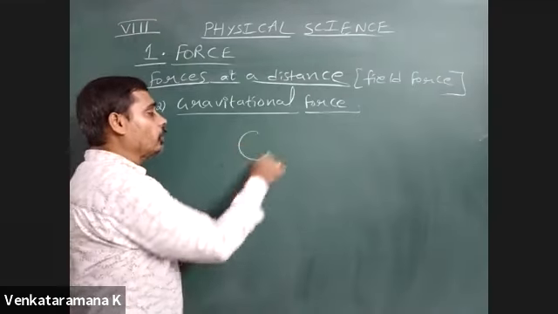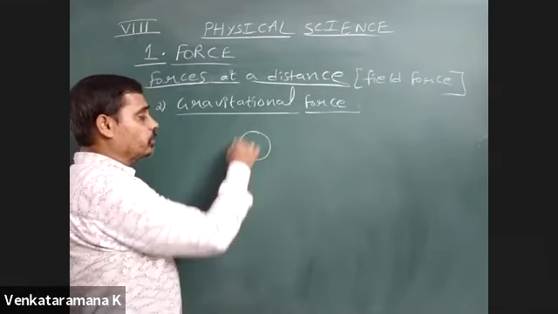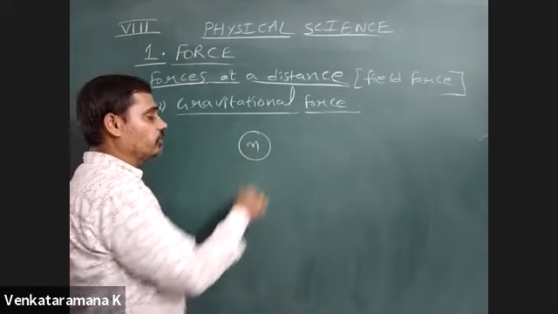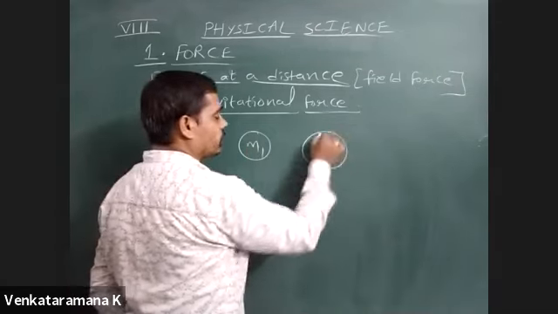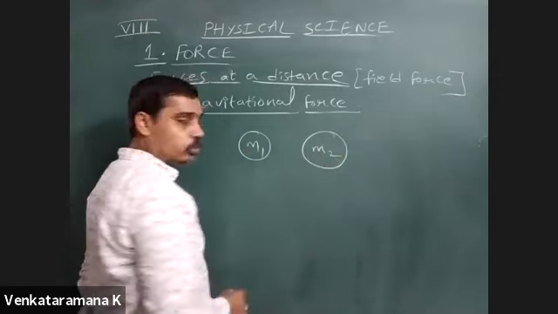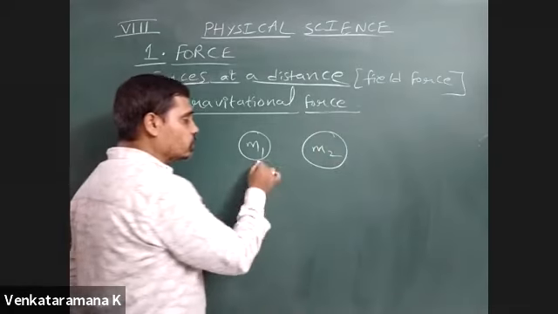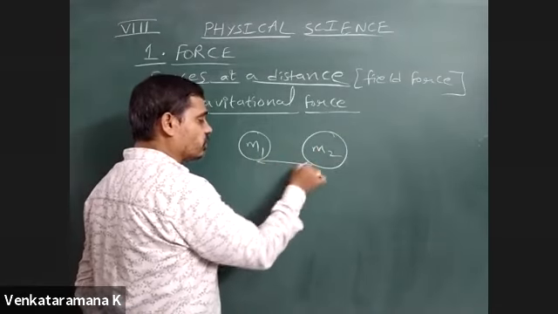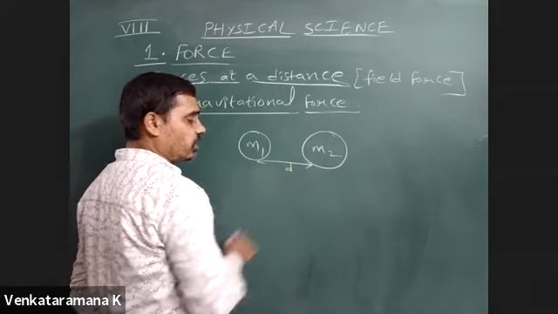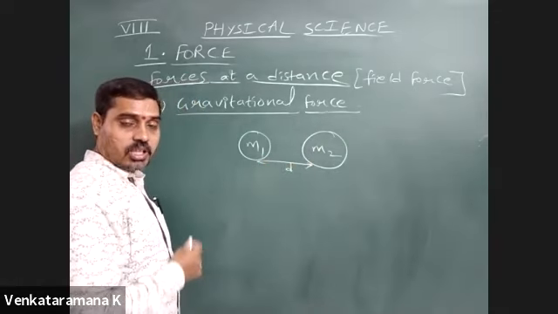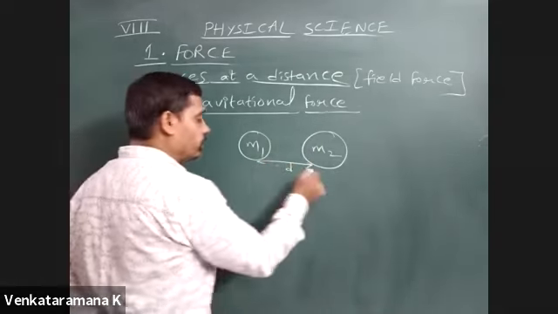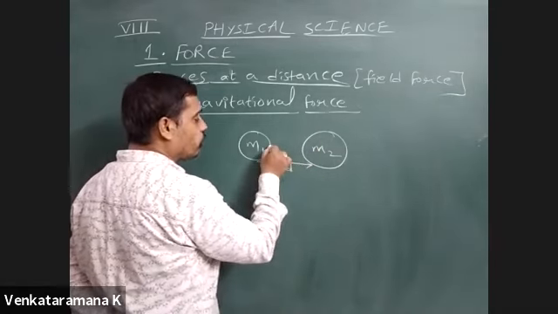Between any two objects, suppose one sphere whose mass is m1, and another object whose mass is m2, then between these two objects, depending upon the distance d, there will be a force of attraction.